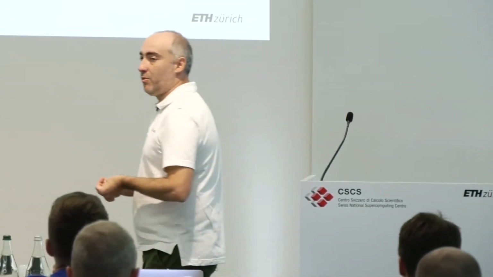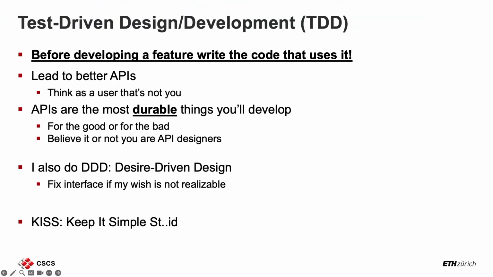So what is test-driven design? Before you write a function, before you write a class, before you write the implementation of something, you write the test that proves that the thing works as you expect. This forces you to think as a user and leads automatically to good interfaces, or better interfaces.